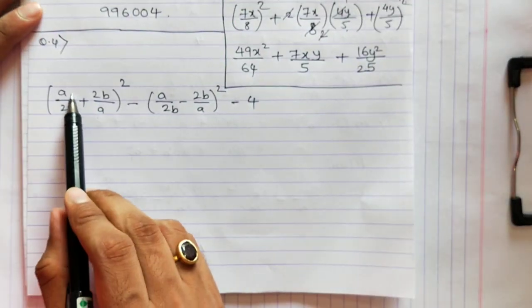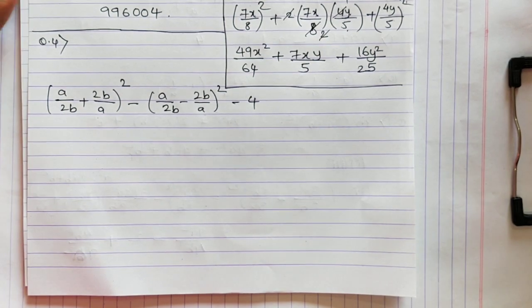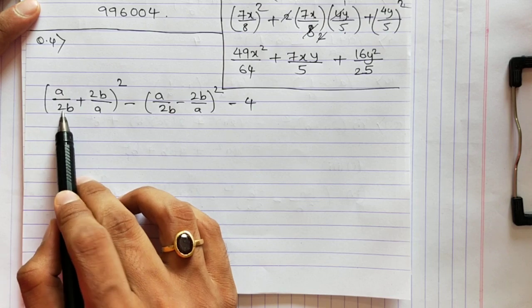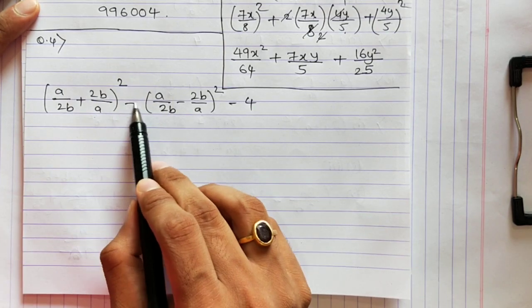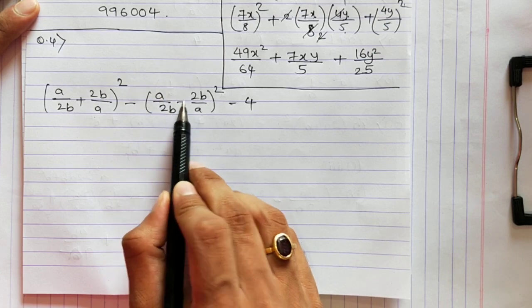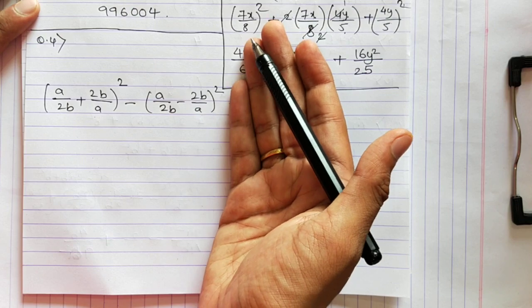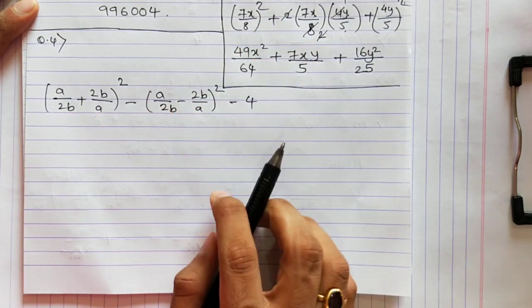See the format in which the question is given, that first term plus a upon 2b plus 2b upon a, correct, the whole square, then minus sign, then a upon 2b minus 2b upon a the whole square. Ignore this minus 4 here, only focus on the first two terms.